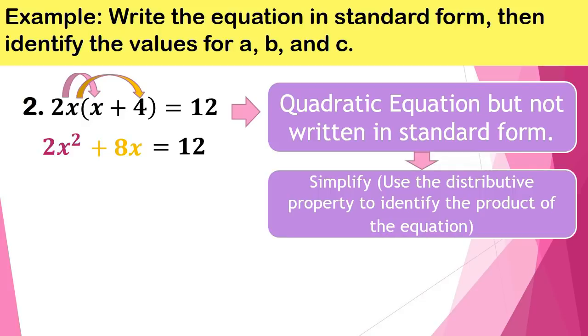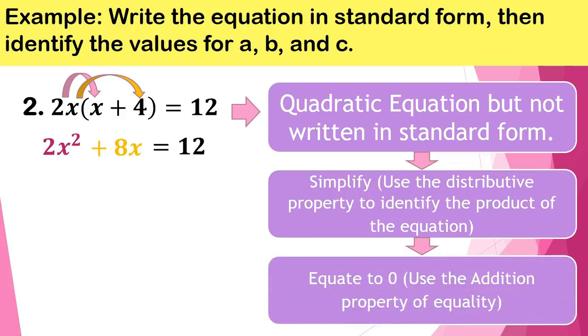So, after we expand the given equation, or after we simplify the given equation, we need to arrange this into a standard form. How? By equating into 0. Okay, so we need to equate the given equation here into 0. How?